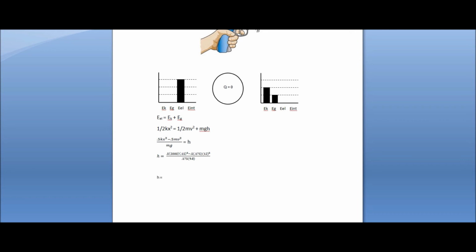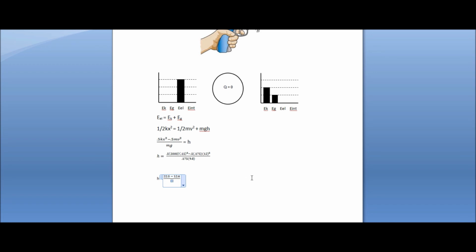H equals, we'll keep the fraction for now. So let's see, 0.15 squared times 1,000, because that's half of 2,000, is 22.5. And 144, which is 12 squared, times 0.175 times 0.5 is 12.6.